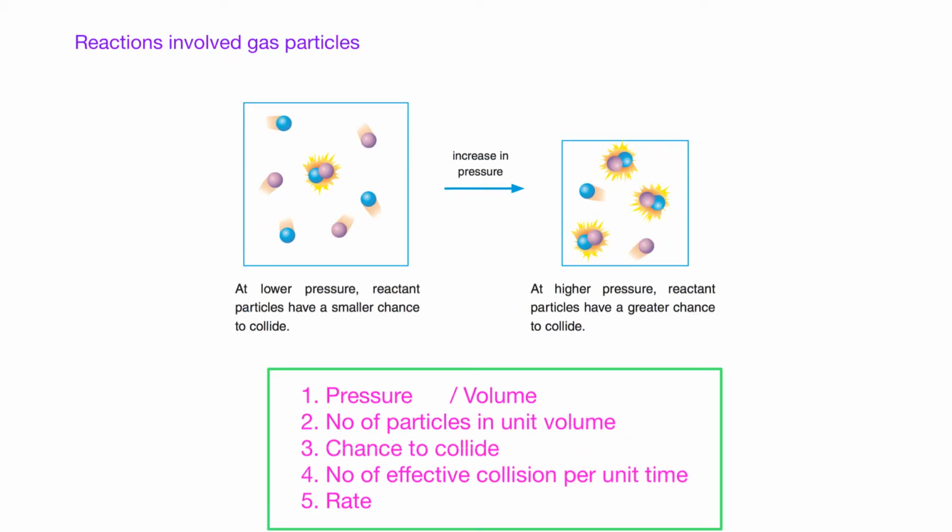And the other way round, if we talk about reactions involving gas particles, we can also consider it like this: if we are having gas particles and in the process we increase the pressure. So this is a container that we have. The number of gas particles is limited inside this container. But if we increase the pressure, that means the volume decreases.